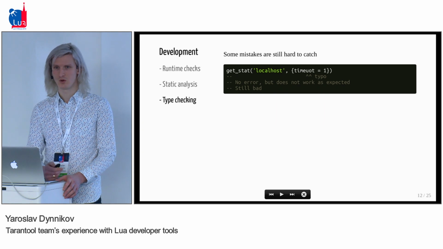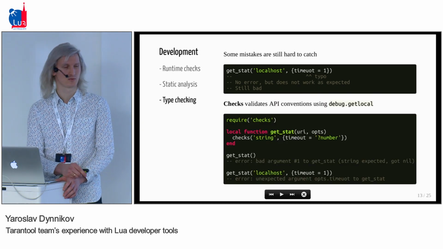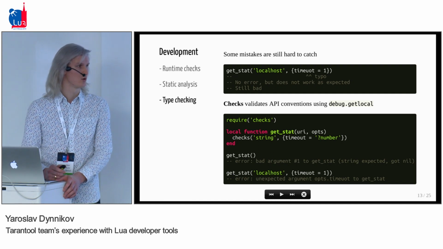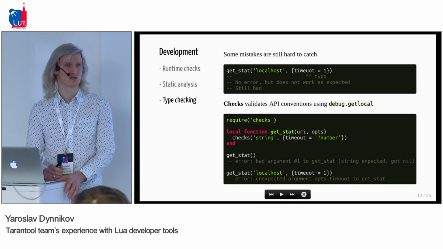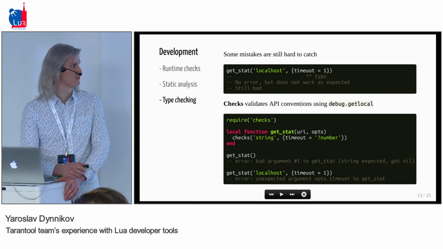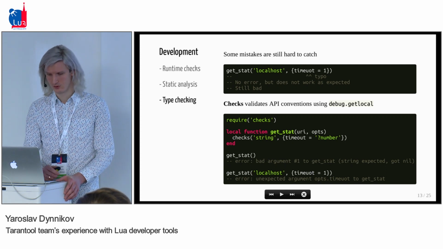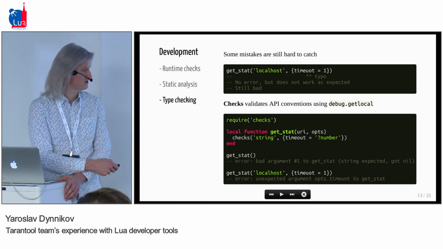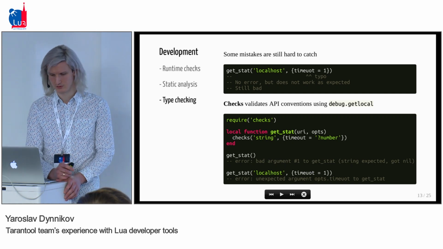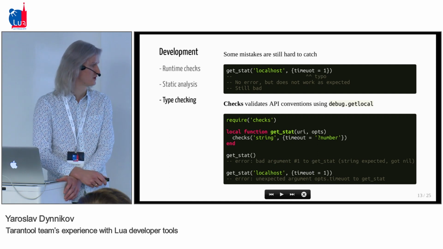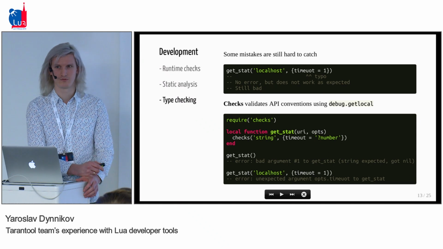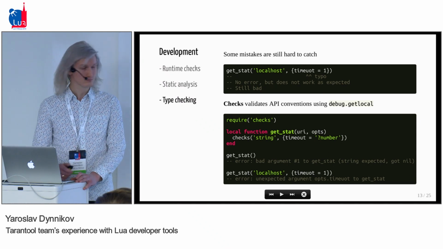So we made a wrapper for assert called checks, which is a lightweight type checking for functions. It works using debug.getlocal, and with this single line, a rather short piece of code, you can check that both arguments are of the type you expect.